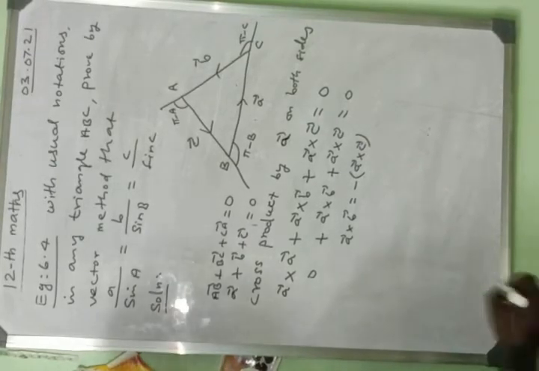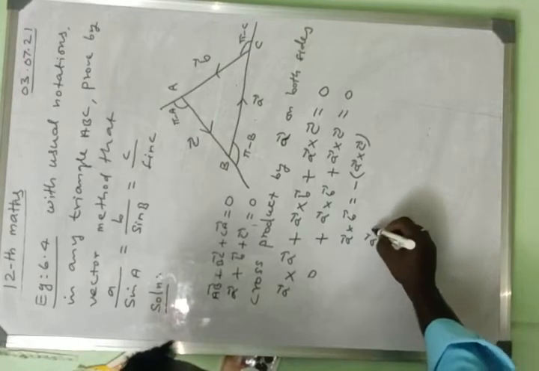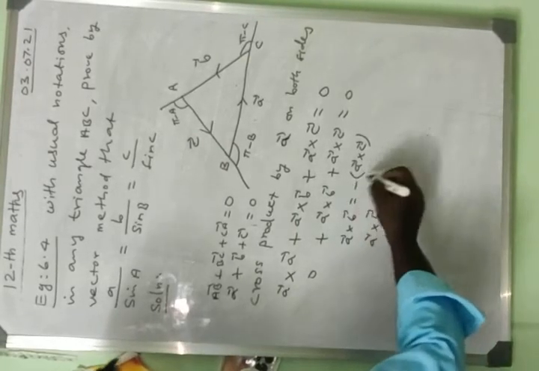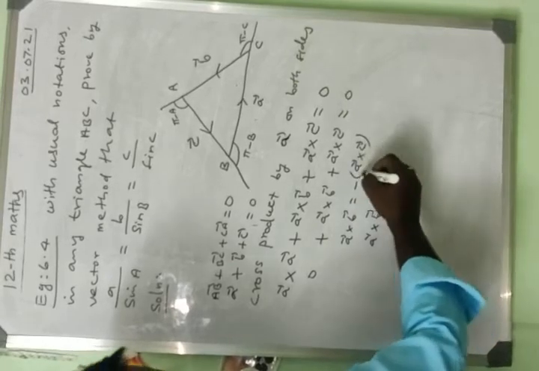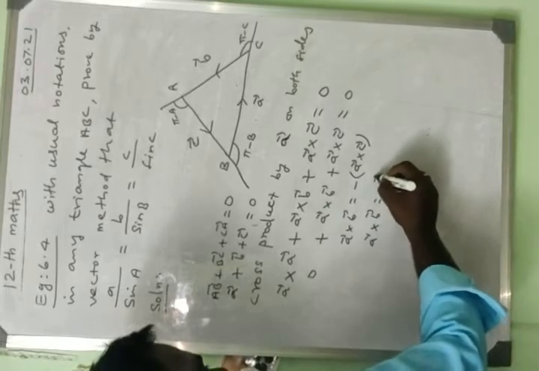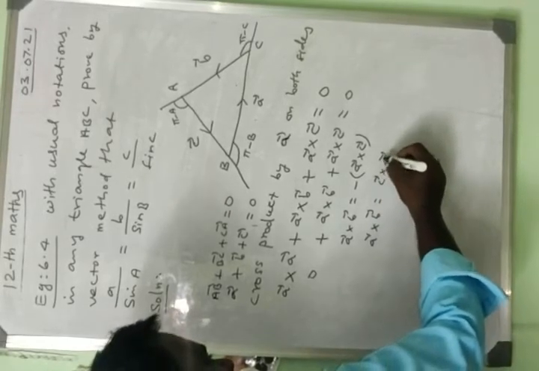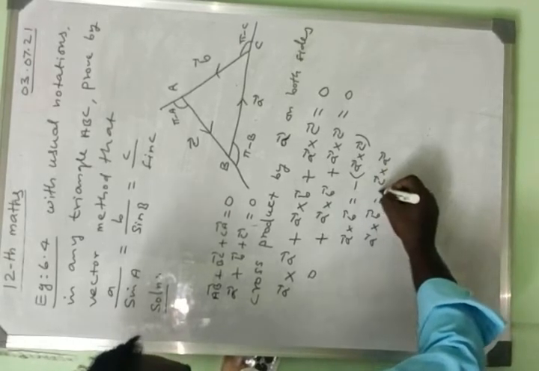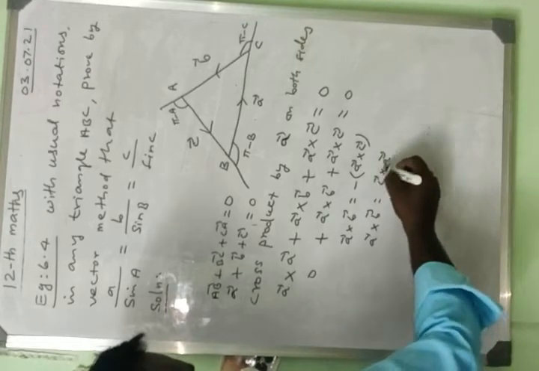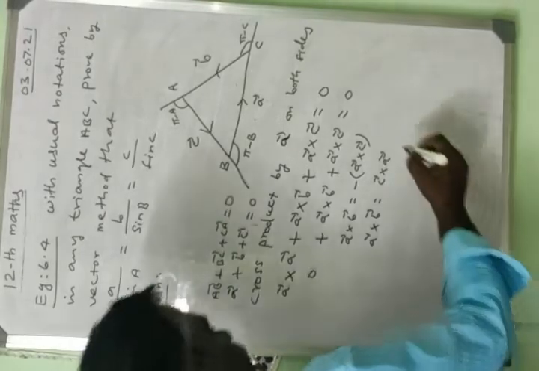Minus changes to plus, which means the vector order also changes, so we get vector C cross vector A. This is equation number 1.